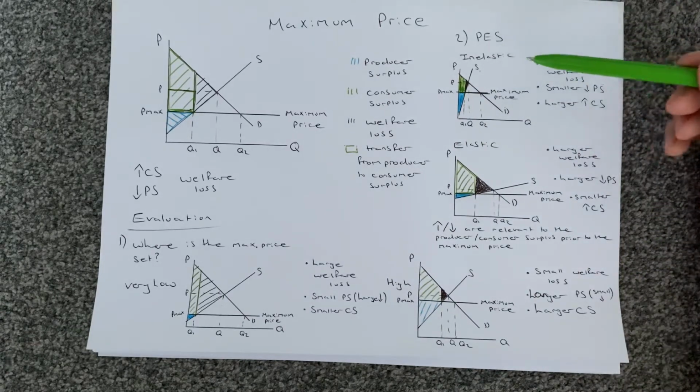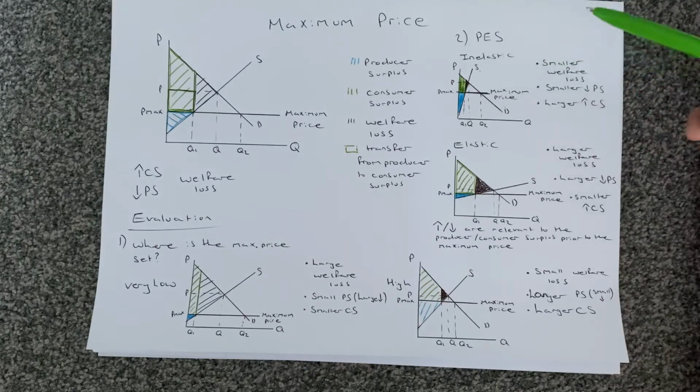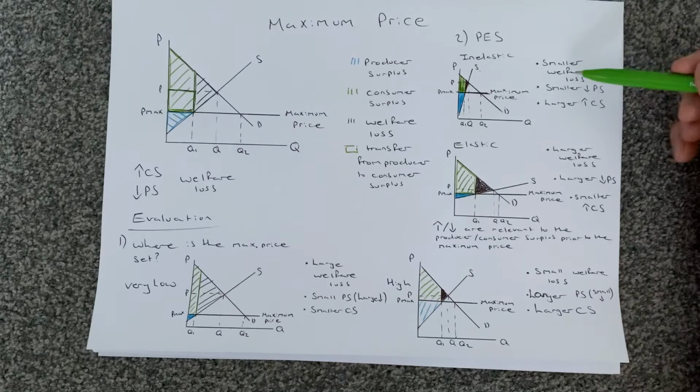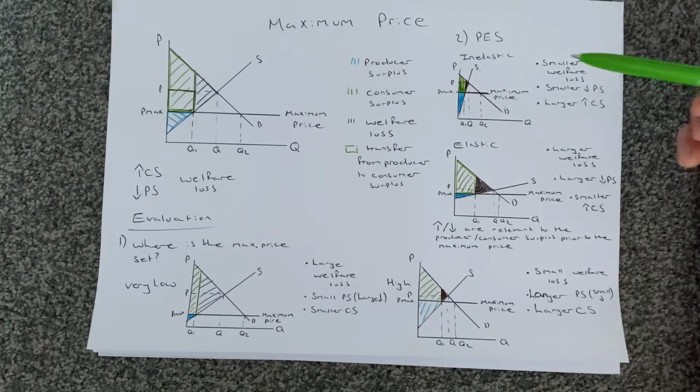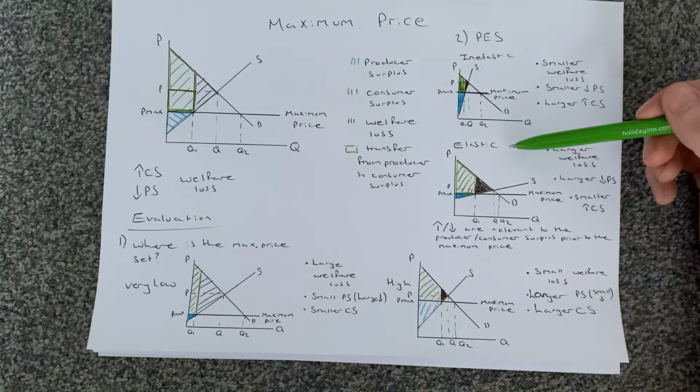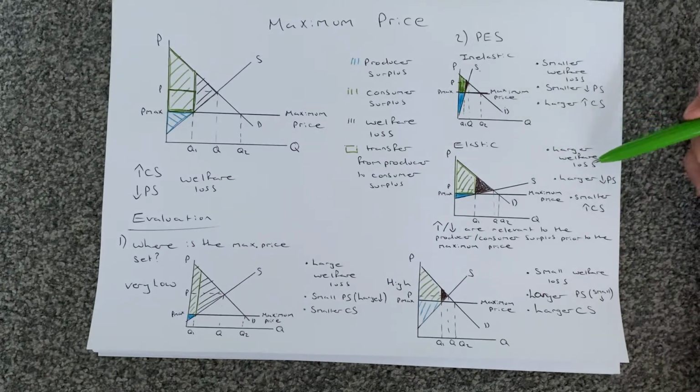If the price elasticity of supply is inelastic, we'd only expect to see a small welfare loss and a small reduction in the producer surplus relative to the original producer surplus, but we'd expect to see a large increase in consumer surplus. Whereas if the price elasticity of supply was elastic, we'd expect to see a large welfare loss.